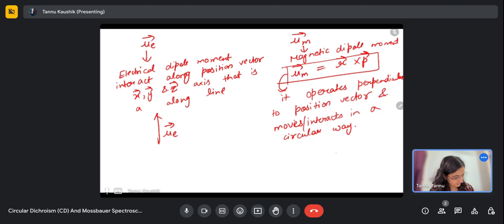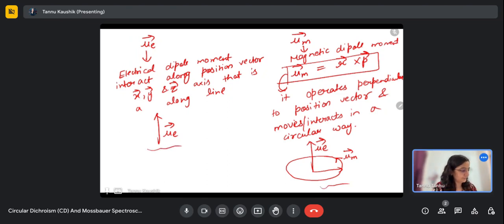That is, if this is the electric field vector, then the magnetic field vector will be associated perpendicular to it and moving in a circular manner. That is the magnetic field vector. So these two are the main highlight here.